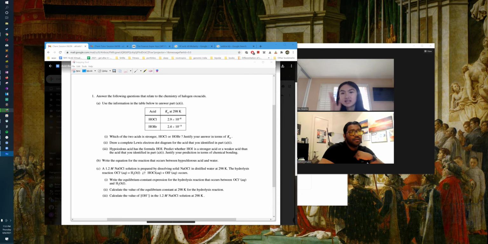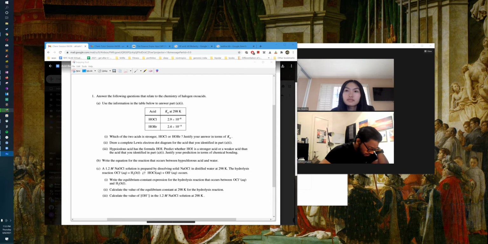Is it in the same group? Okay, then because the atomic radius will be bigger, and then the bond will be weaker, and so it can break up easier. Yep. So I would write that iodine is larger in terms of atomic radius, so its bond to hydrogen is longer and therefore weaker.